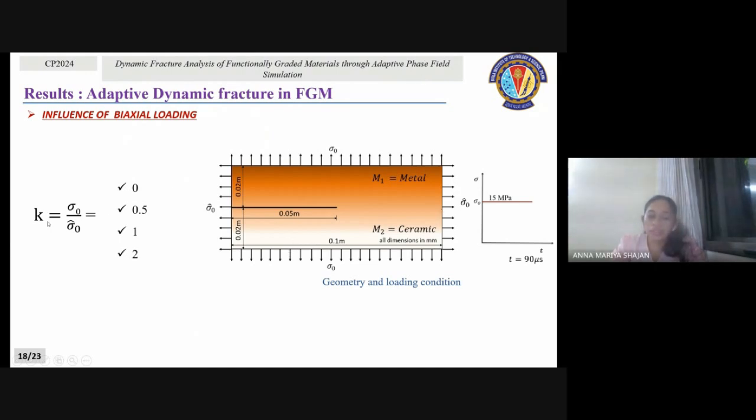For that, I have chosen the biaxial loading rate as sigma 0 by sigma cap 0, and the values are varied from 0, 0.5, 1, and 2. So k equal to 0 means you will have the loading condition only at top and bottom. At right and left, you will not have any loading condition.